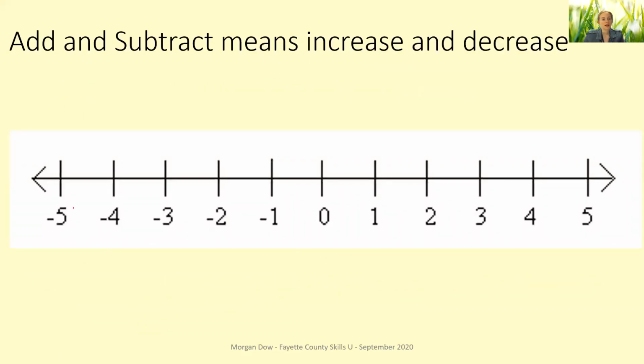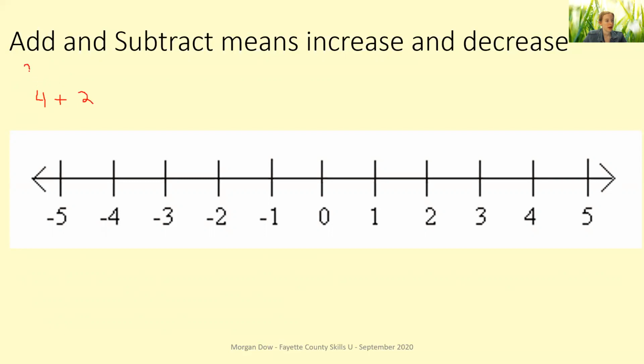Okay, so add and subtract means increase and decrease. Let's start again with what we already know about our positive numbers. Let's start with adding positive numbers. I'm going to pick a number to start with. Let's say 4. And now I'm going to do what I already know how to do. I'm going to add a positive number. Let's say I add 2.